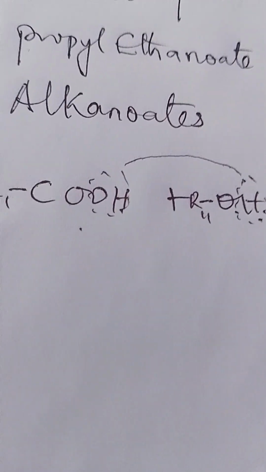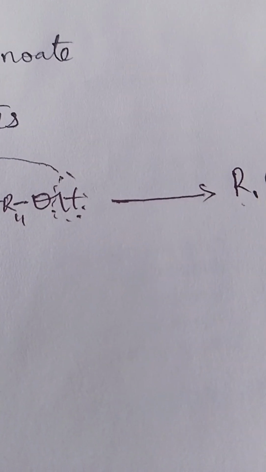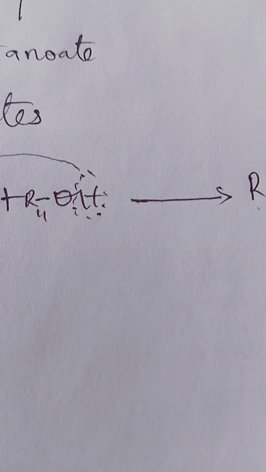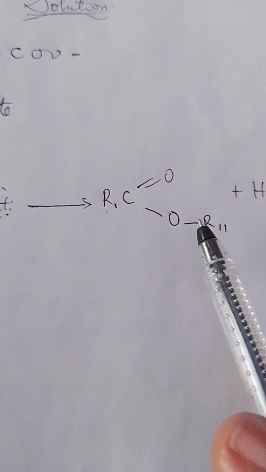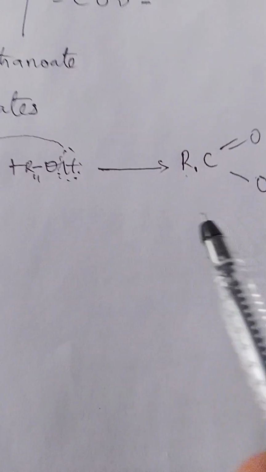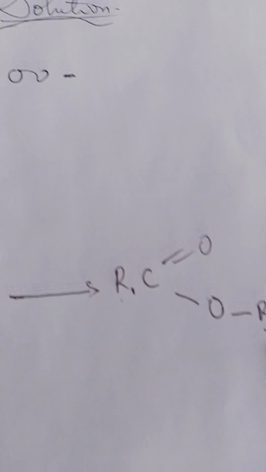So let's assume this is that R1, and this is the O, and we now have the R2 combined to it. This is how it is formed. This CO is from here, and this one is from here, which forms this.